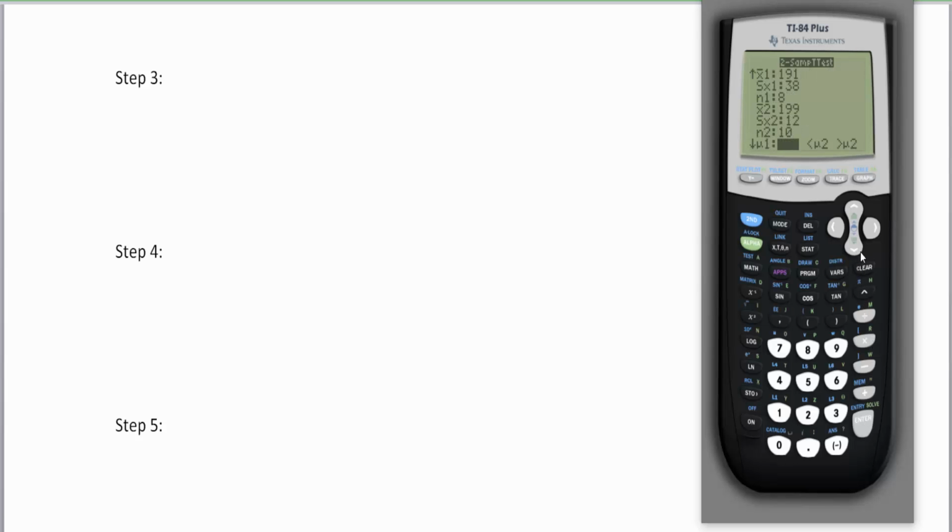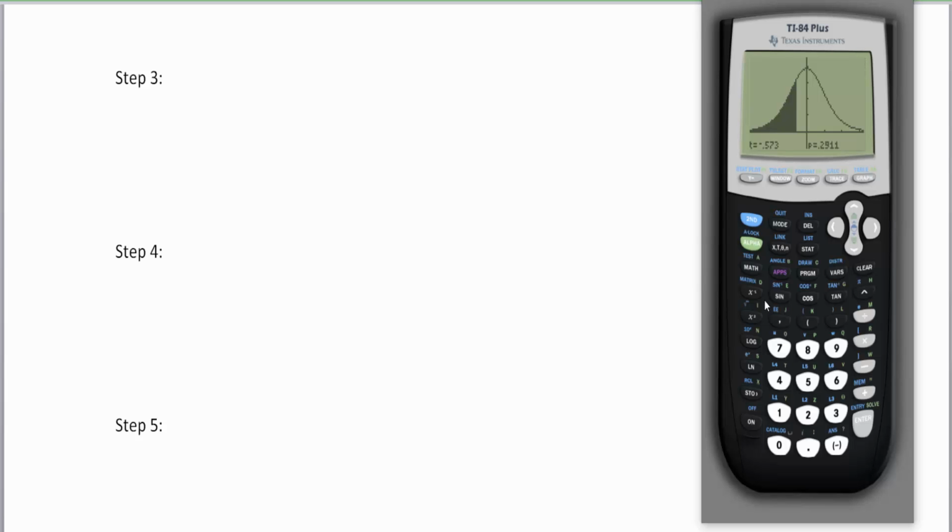Scroll down again. Now, according to our work here, we're going to have less than. Okay, so we have less than there. And we're going to click one more down to not pooled, and one more down to draw, and click on draw. And it draws a beautiful curve, like so.